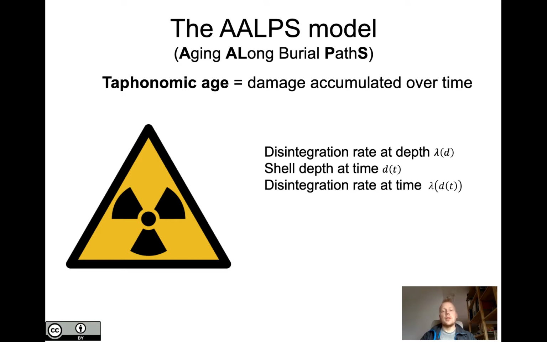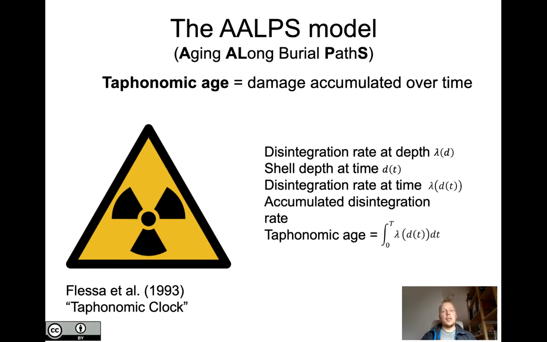Combining these 2 will give the disintegration rate at a specific time that one individual shell experiences. By accumulating all these values, we get the taphonomic age of the shell, which is simply the exposure to disintegration rate the shell has experienced up to a time t.